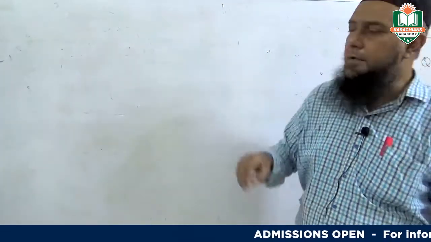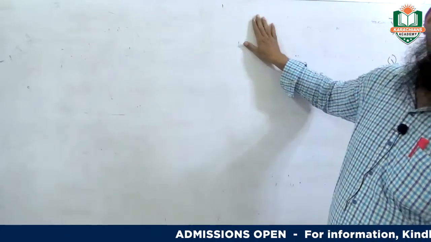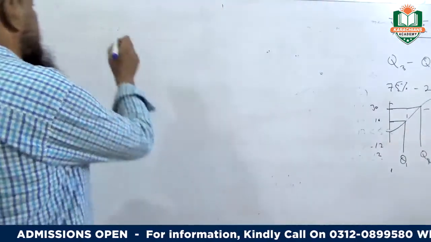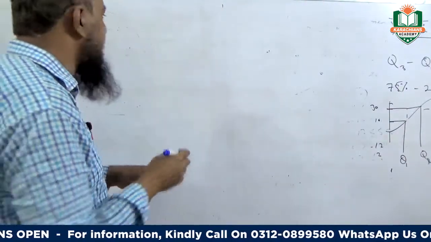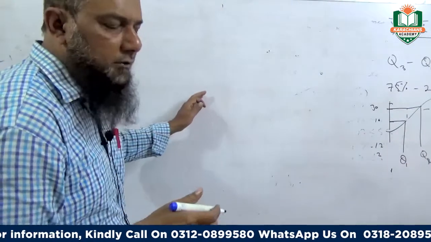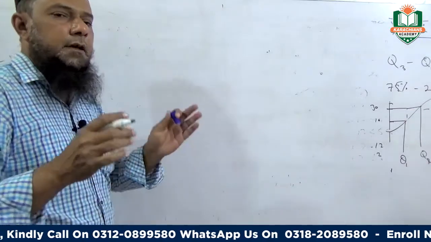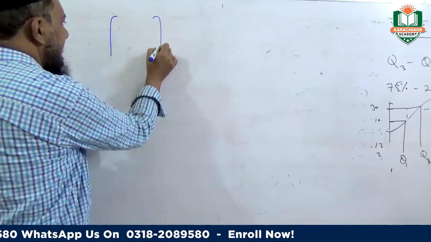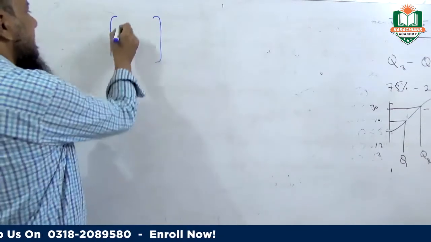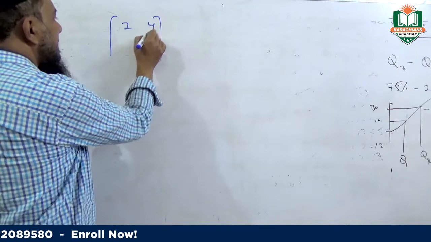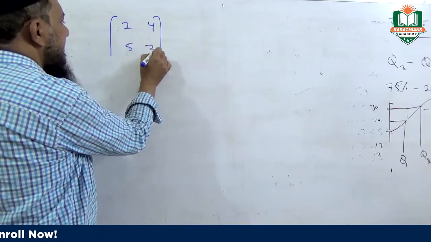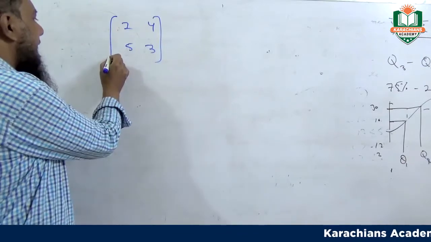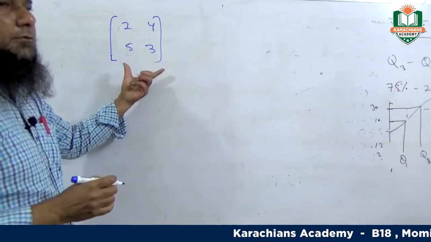Okay, so I explain you column vectors. Before discussing column vectors, we should discuss a matrix. A matrix is a rectangular array of numbers, like 2, 4, 5 and 3, which are 4 numbers arranged in a square.